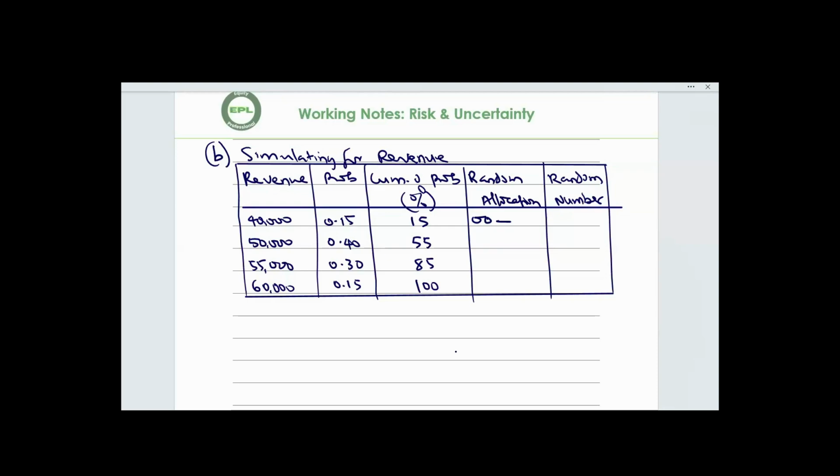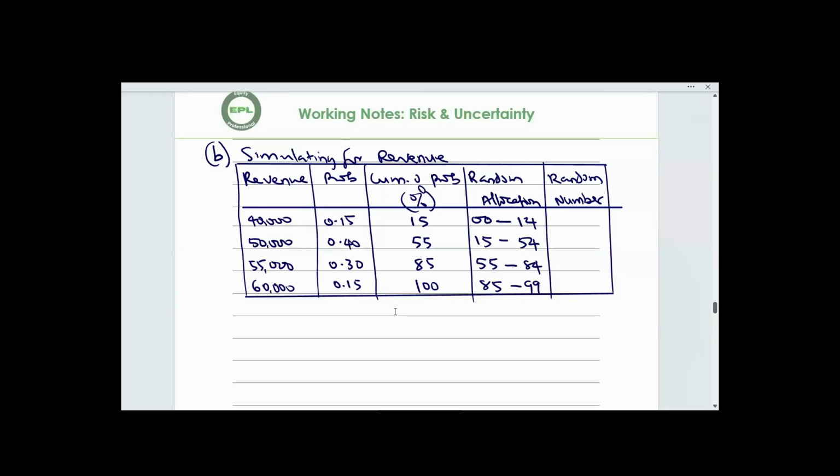Therefore, the first probability is 15%: 0 to 14. After 14 is 15; 1 minus 55 is 54. After 54 is 55; 1 minus 85 is 84. After 84 is 85 to 99.